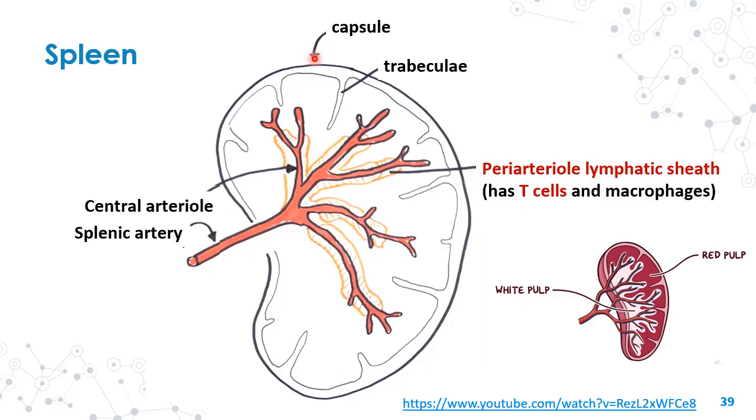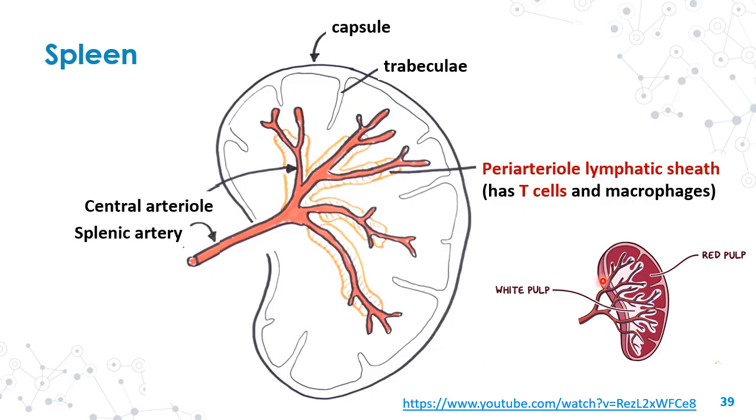Really, really informative. All right, so you have the capsule, you have trabeculae, and then here's your splenic artery, okay, the central arteriole. Now here, you're going to see this sheath. I know I have a problem pronouncing that, but here you have a lymphatic sheath, and here is where your T cells like to hang around, and also some macrophages.